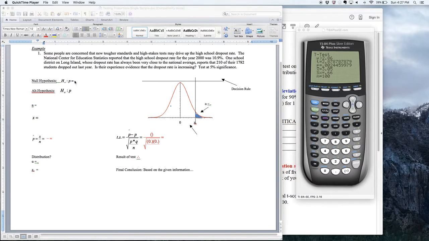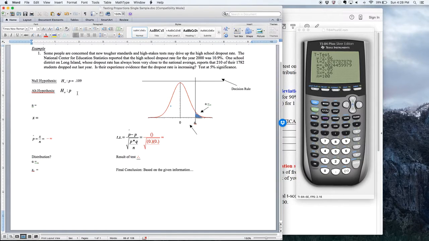We already established that the null hypothesis, H sub 0, is that the population proportion, P, is equal to 0.109, which is 10.9%. So let's pop that in there. That always has to be written as a decimal. You can't work with a percent sign inside of formulas.